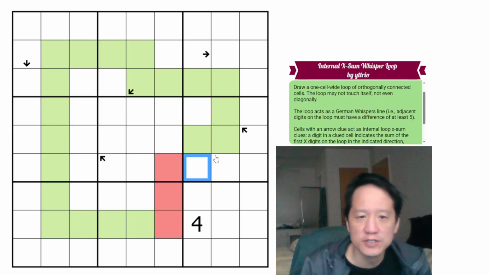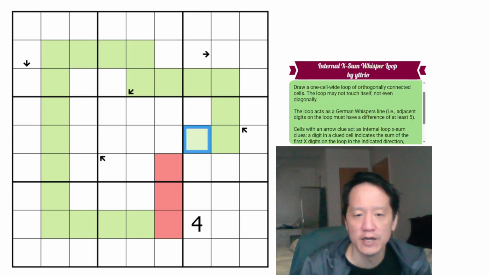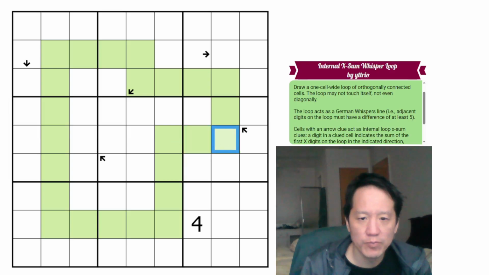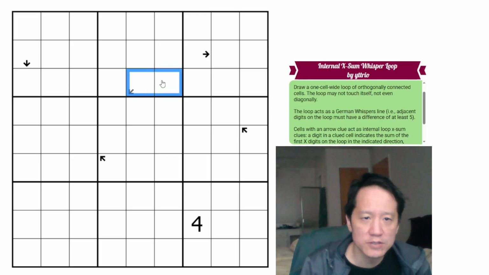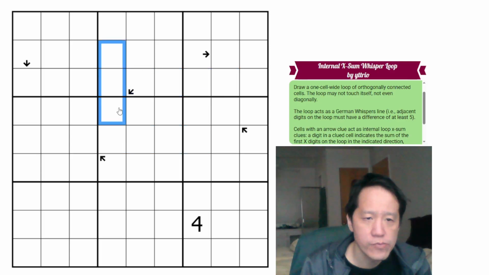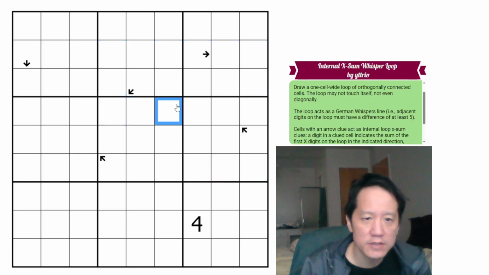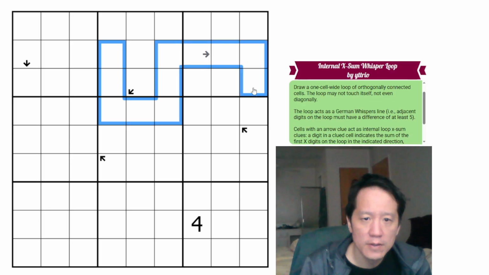Well, something like this would be invalid because not every cell on the loop shares an edge with two other cells, two and only two other cells on the loop, right? This shares an edge with one, and this shares an edge with only one. What else can we do here? What if we have something along the lines of this?